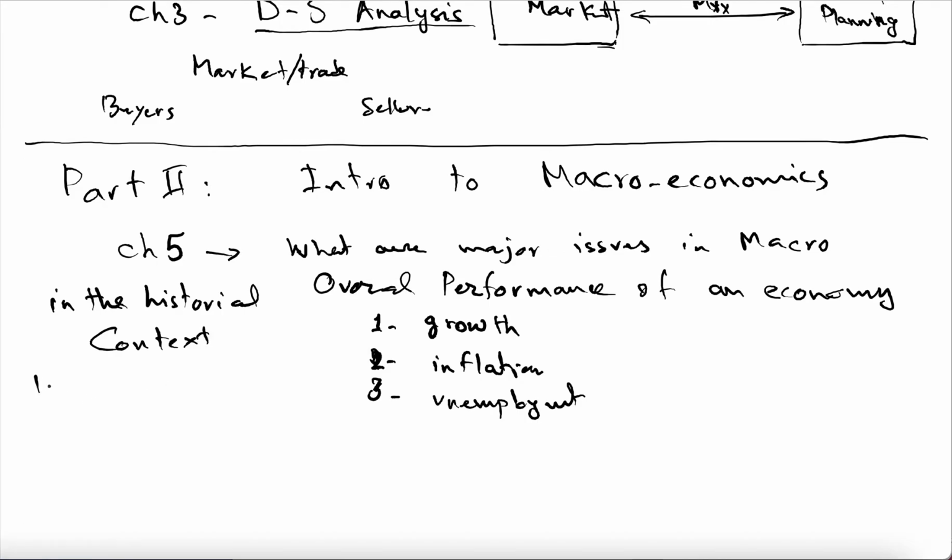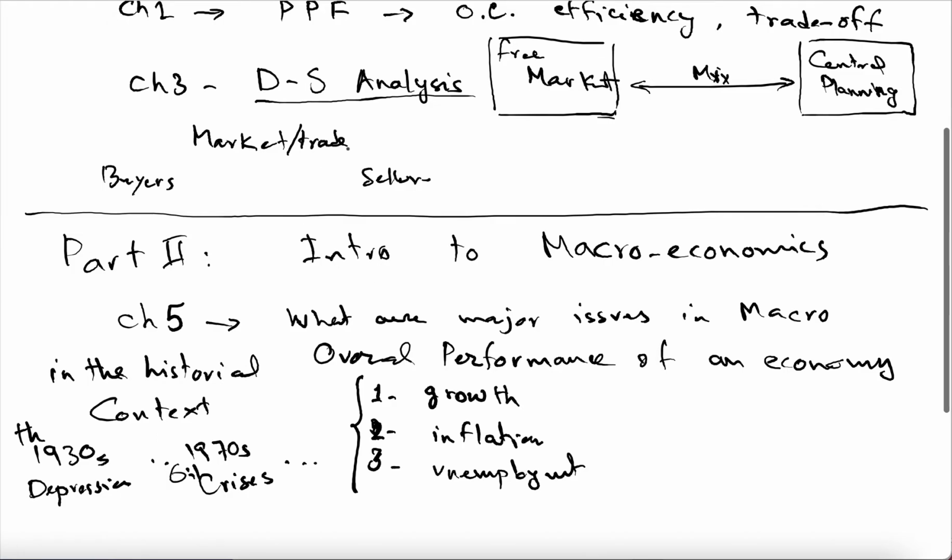So we are referring to the 1930s depression and the 1970s crises, related to oil and other major issues. So we put in the context that these things sometimes are not going to be resolved by market mechanism, by free market.